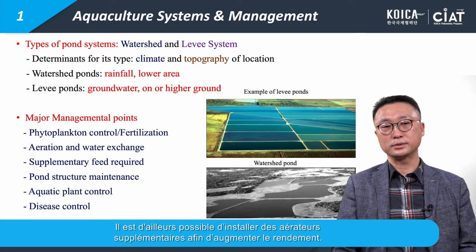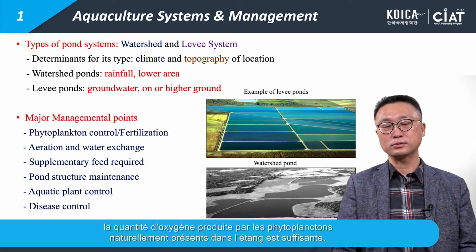Also, most of the time, to increase the production rate from one pond, you will have to provide supplementary aeration, because phytoplankton usually produce quite an amount of oxygen, and usually it is sufficient for fish in the pond.